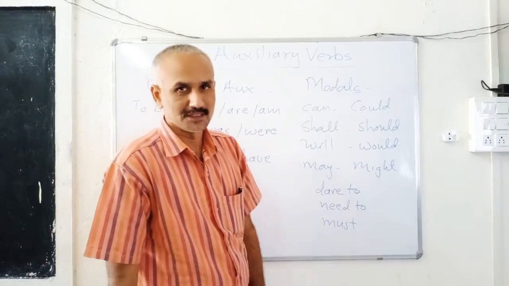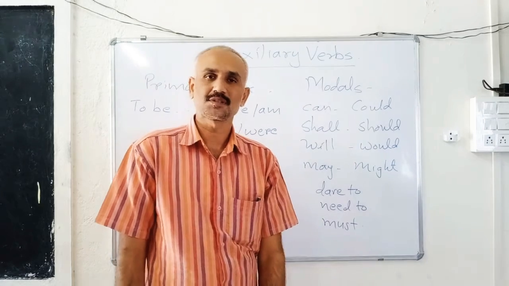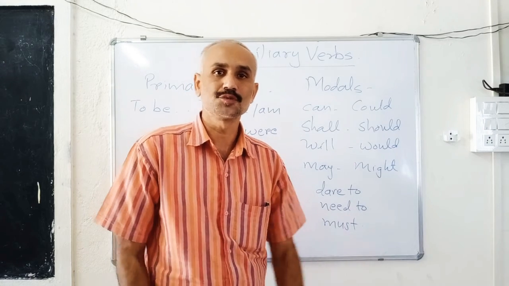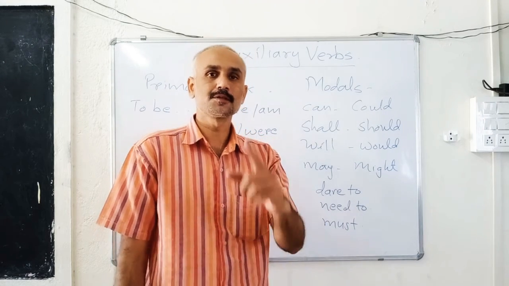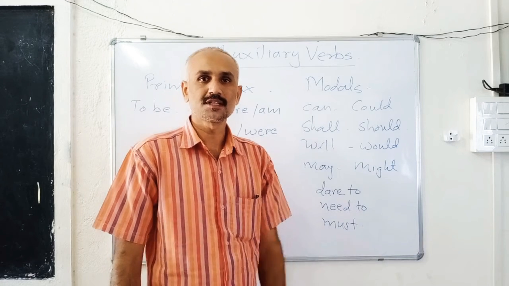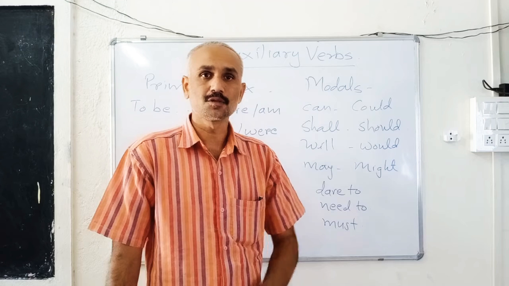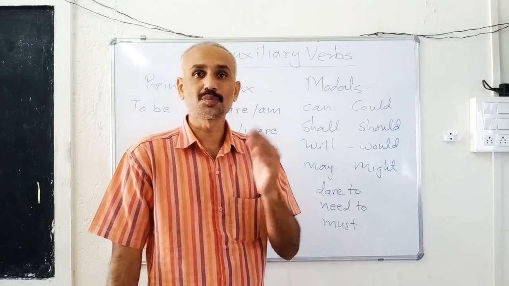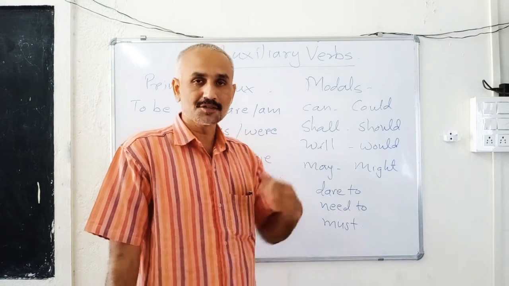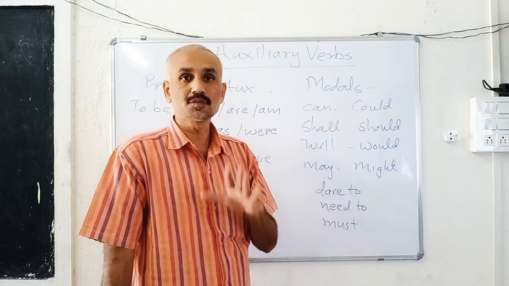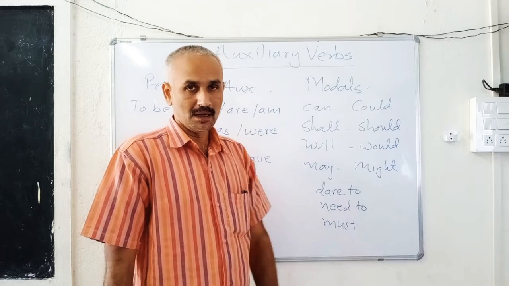Last time we have seen the verbs, especially lexical verbs or lexical words. We have also seen closed class of words and open class of words. Closed class of words are the words which cannot be modified or changed. And today we are going to see some closed class of words.